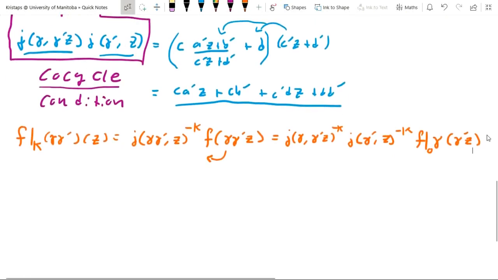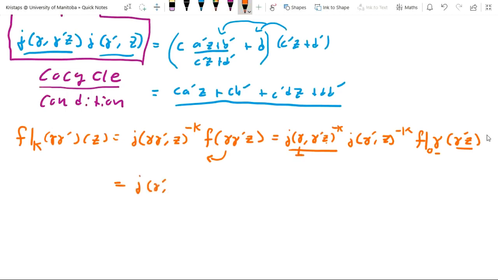But now, if I reconsider this expression, what do I have out front here? Well, I have exactly the factor of automorphy of weight k for gamma, where gamma prime z is the argument, and here I have the matrix gamma as part of the operator. So I can rewrite this expression.